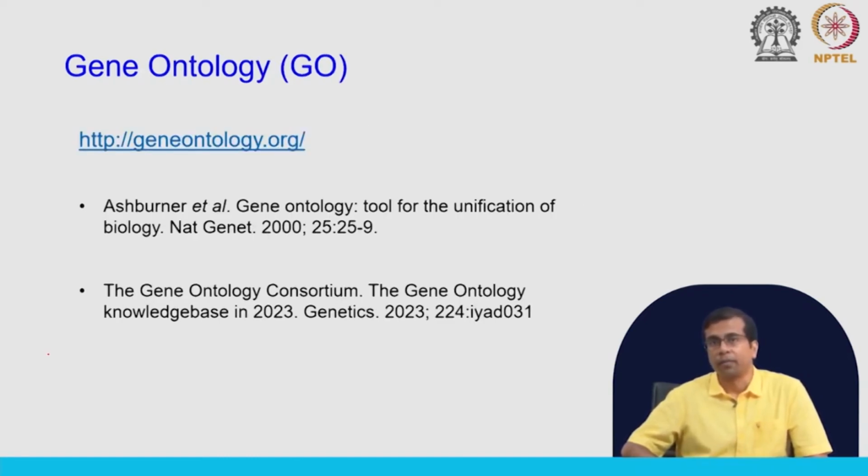One of the major resources for this gene set enrichment analysis is the gene ontology. This is a resource where this kind of association information is present. Here is the link where you can find this information, and these are the references. I will briefly mention what this gene ontology is, and of course, I will encourage you to explore more by going through the resources present in the website.